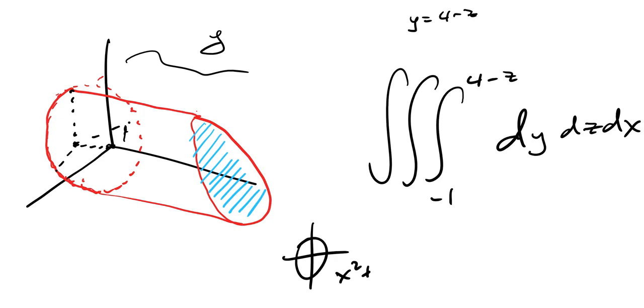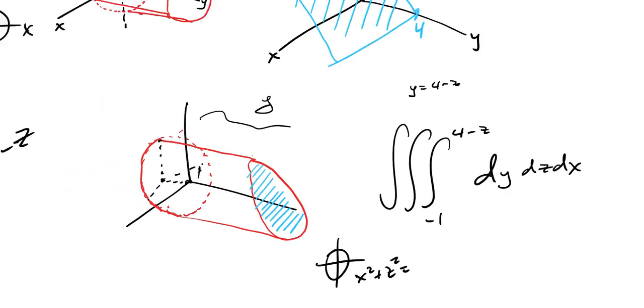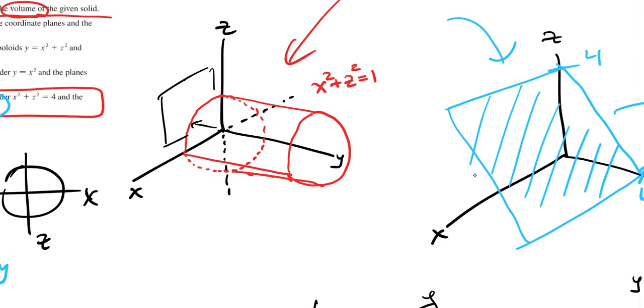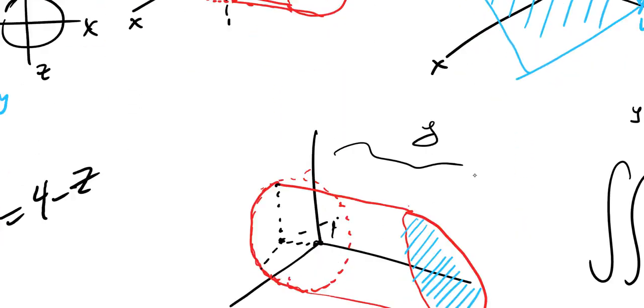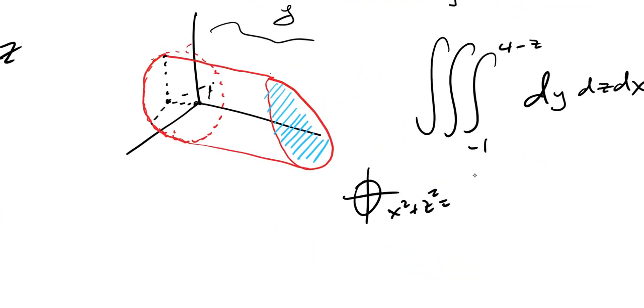x squared plus z squared equals, let's see here, what did we have? Ah, it was 4, not 1. This is a 4. Okay, so that's fine. So x squared plus z squared is 4.